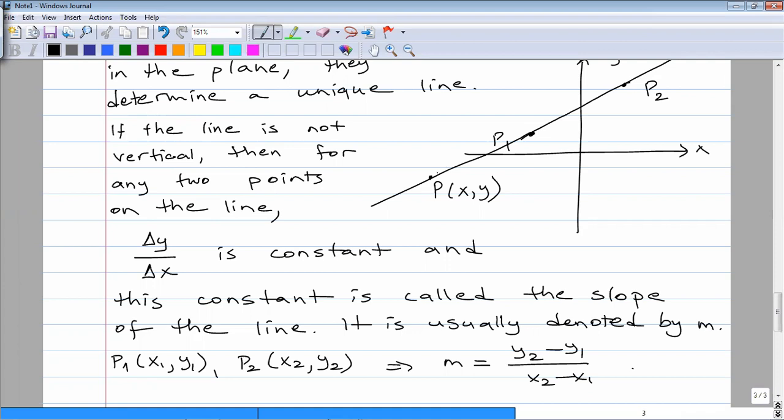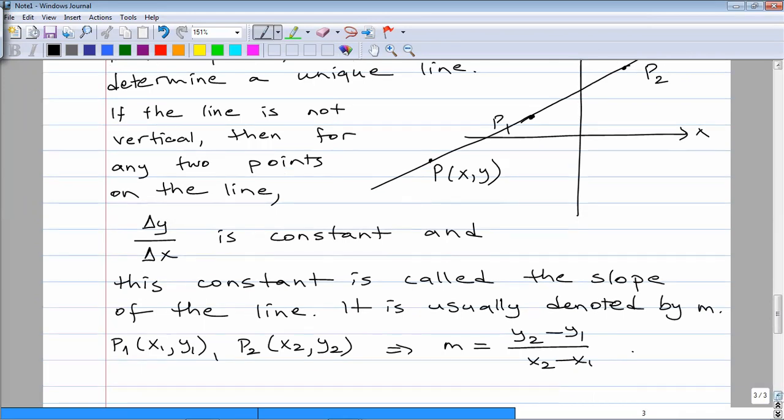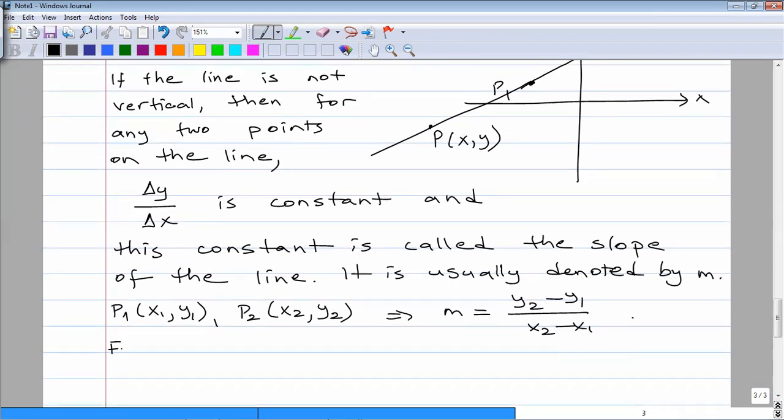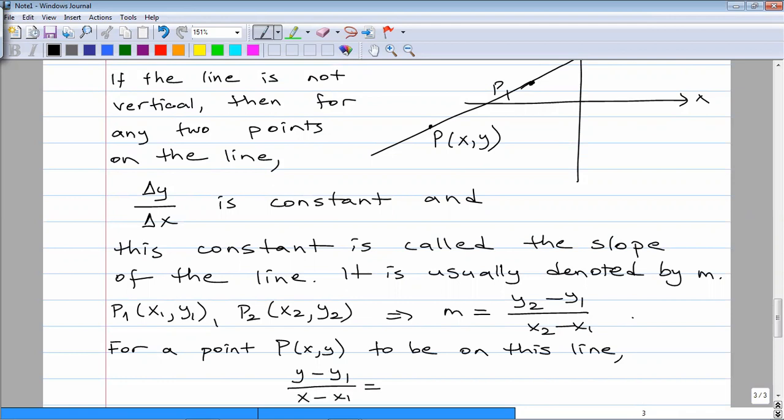So we need y minus y1 divided by x minus x1 equal to m.